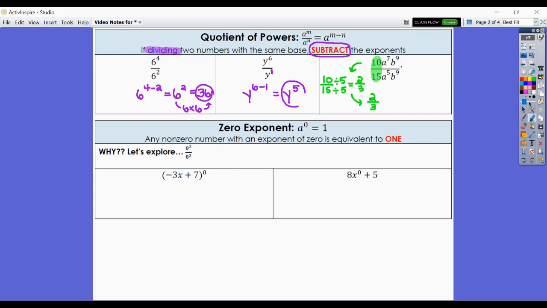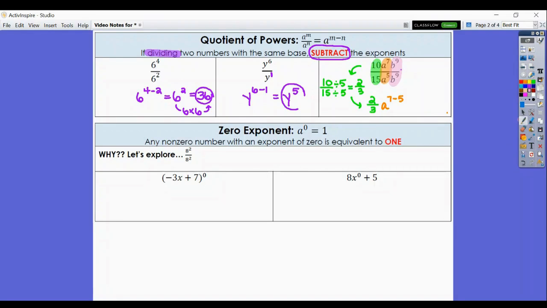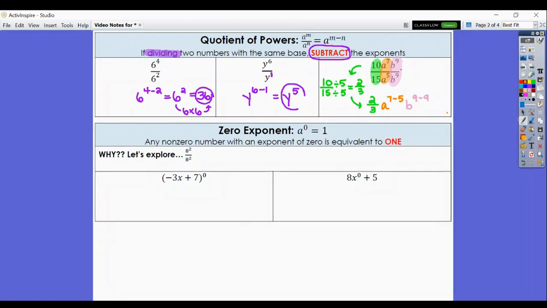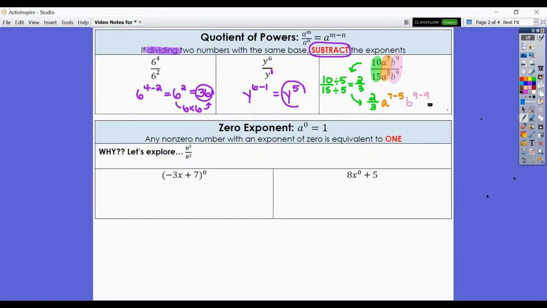Then I subtract the exponents on just the a terms, which would be 7 minus 5 here. And then I look at my b terms and I subtract just the exponents on b, because I can only subtract when I'm dividing like bases. 9 minus 9 comes out to 0. And then 7 minus 5 comes out to 2. So my final answer is 2/3 a squared.